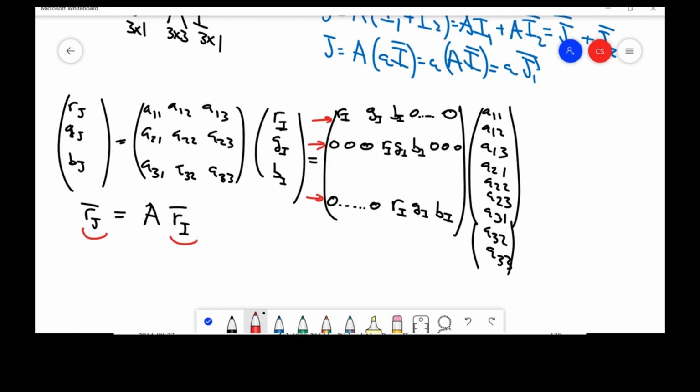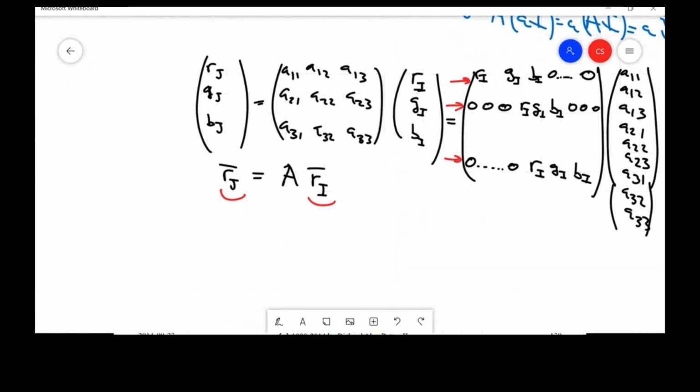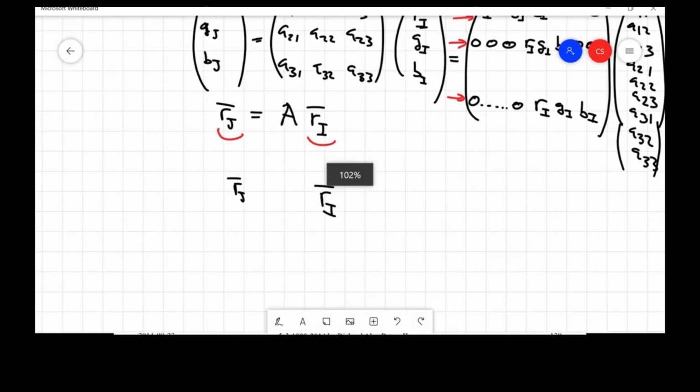Okay, so if I want to solve for these 9 unknowns, how many pairs do we need? 3. So we need 3 pairs of this form. So we need that R, let me do it first in that. I will write it 3 times, then put numbers.